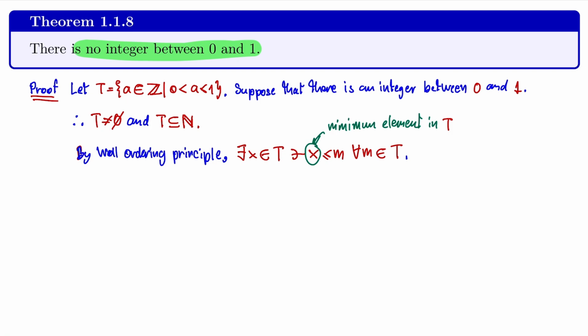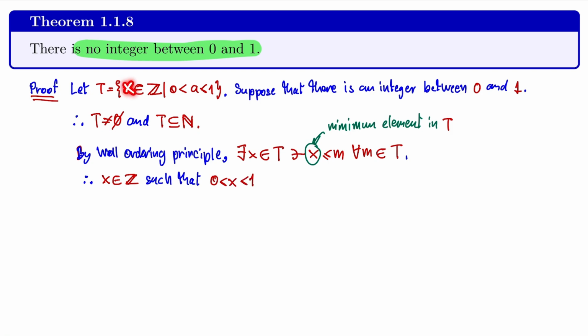What does this mean? When x is in T and it is the smallest one, we have x being an integer such that x is between 0 and 1.